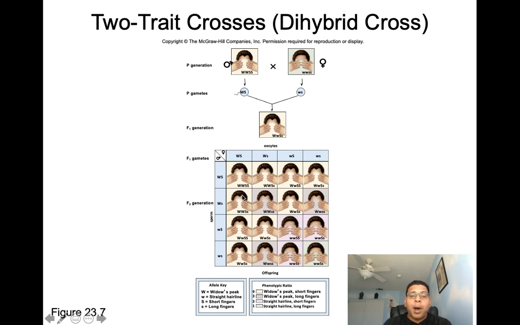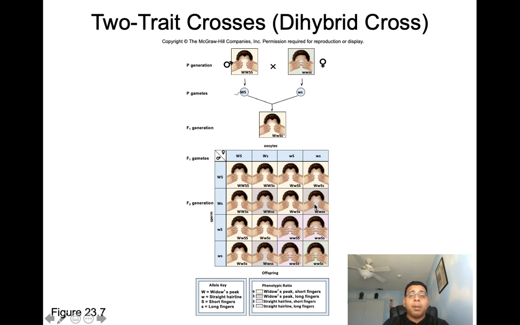The fifth one, you can see capital W, capital W, lowercase s, capital S. And then here, capital W, capital W, lowercase s, lowercase s. And then here we can see capital W, lowercase w, capital S, lowercase s.